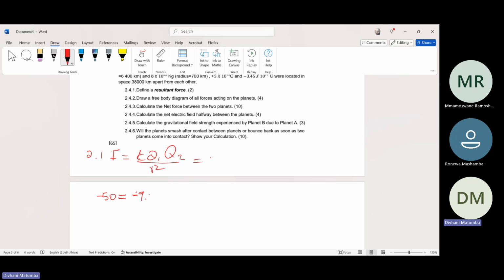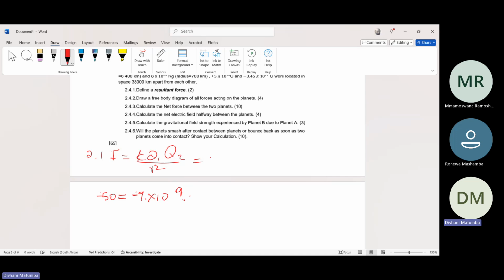So I agree, even if you use positive here, you're going to get the same answer. Is it 10 to the power of 9, right? If I'm not mistaken, the value of K. Yes, so it's 10 to the power of 9.